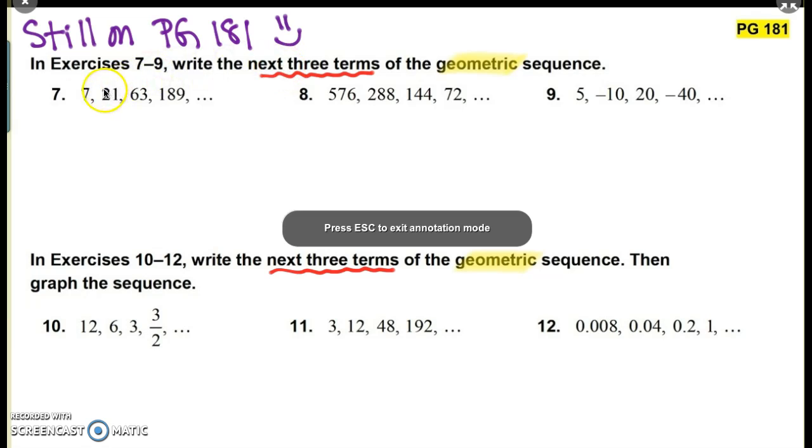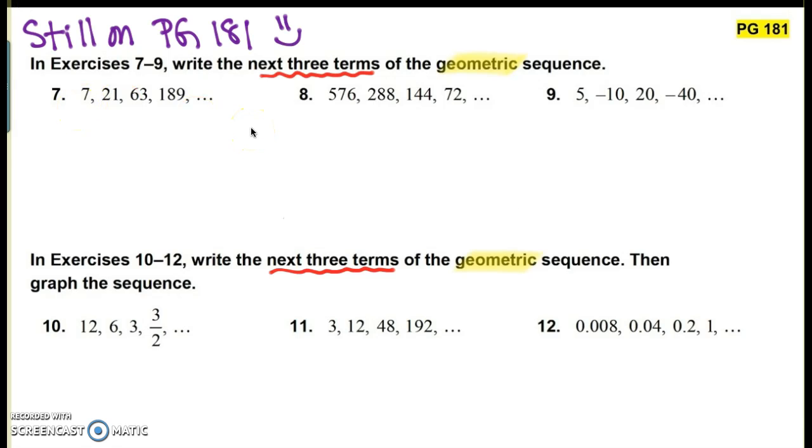So I'll do number 7 with you, just to give you an example. Since we know that it's geometric, that means we have to multiply the first term by something to get the second term. If you are unsure of what you're multiplying by, then you can always divide those 2 numbers. So let's say I really don't know what I'm multiplying 7 by to get 21. Then I can divide 21 by 7, and that will give me the number that I'm multiplying by.